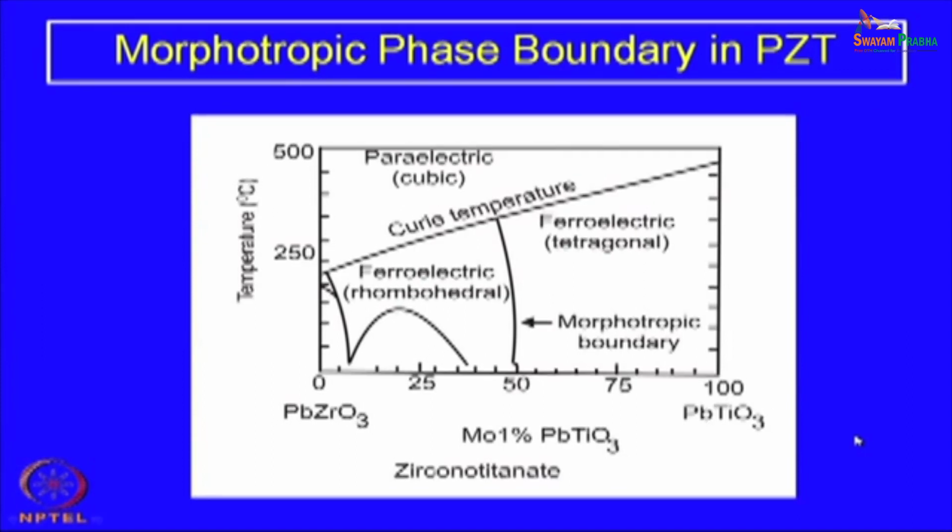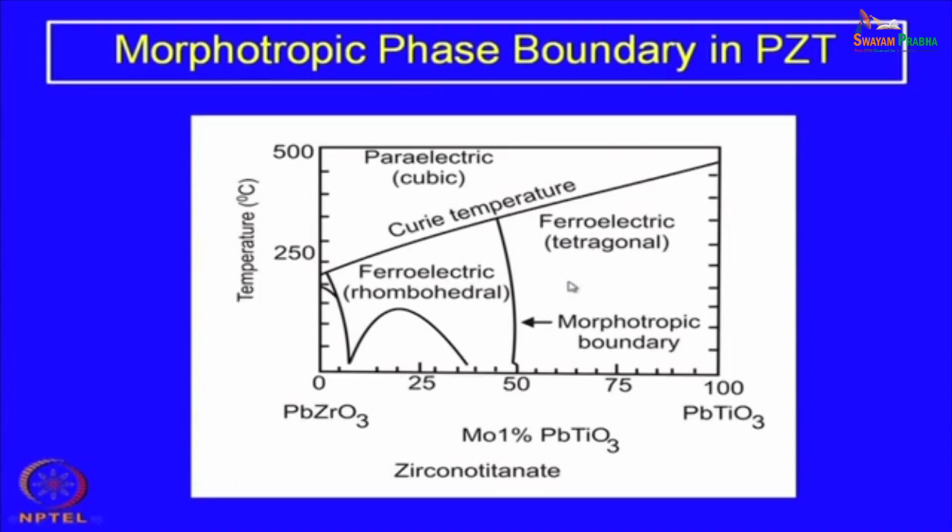So, they go into complete solid solubility and you have the ferroelectric to non-ferroelectric phase boundary at around 50 mole %. When you mix about 50-50, you have both ferroelectric phases.